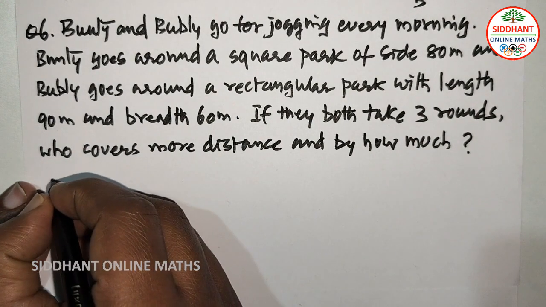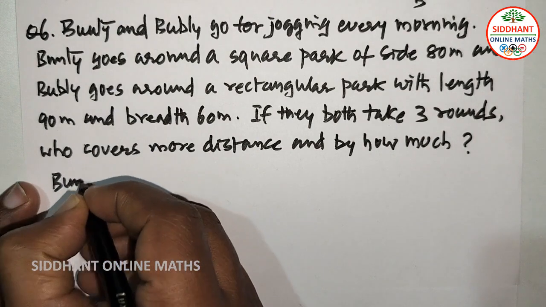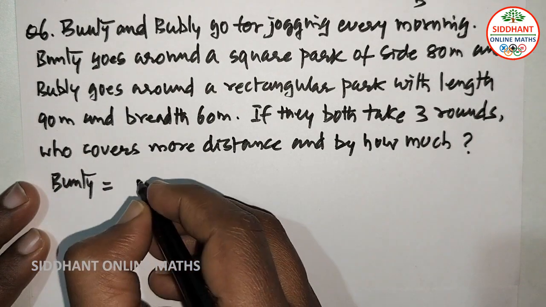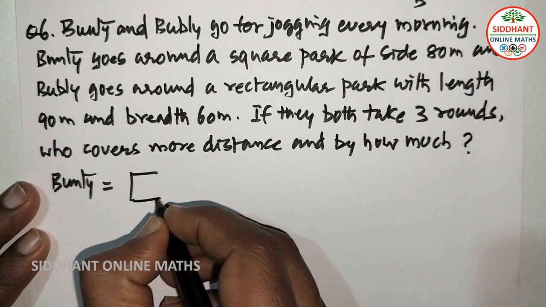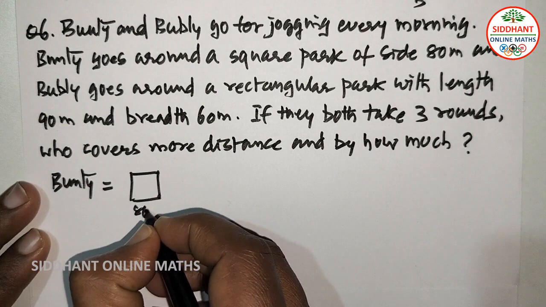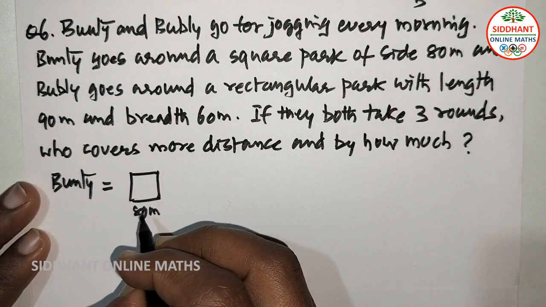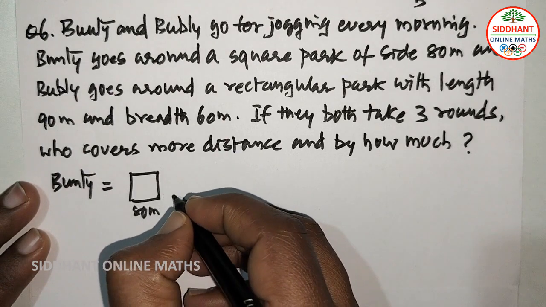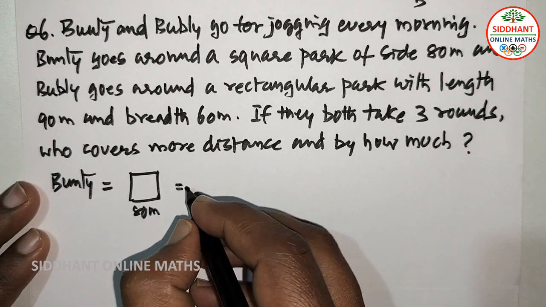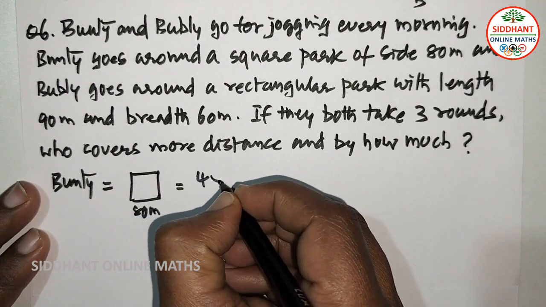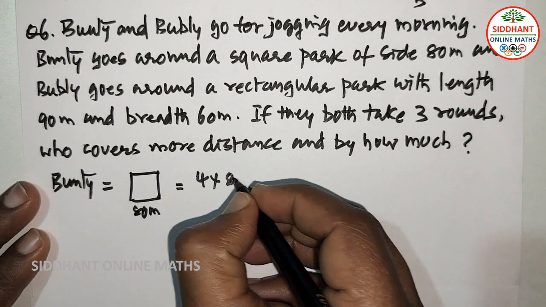So here Bunty is covering a square park, which has one side 80 meters. Here we are going to see the perimeter. The perimeter will be 4a, 4 into side, that means 4 into 80.